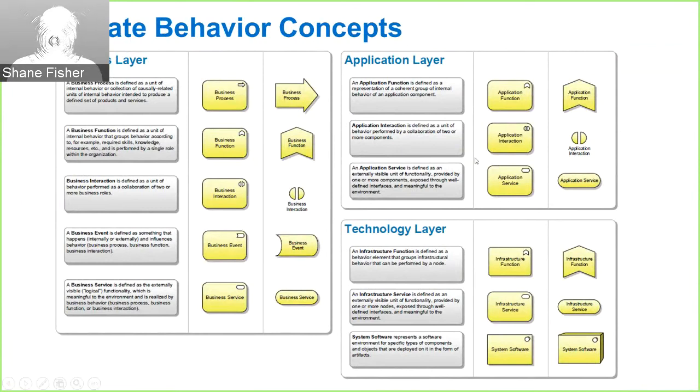And there's 3 layers for each one of these. There's a business layer, an application layer, and a technology layer, right? These all do something. A service does something. A function does something. So Archimate draws that distinction between things that can do stuff, things that are acted upon, and things that are passive. Okay, so these are about the active ones.